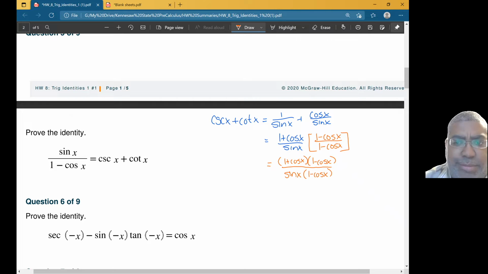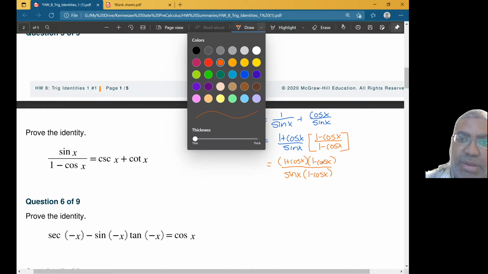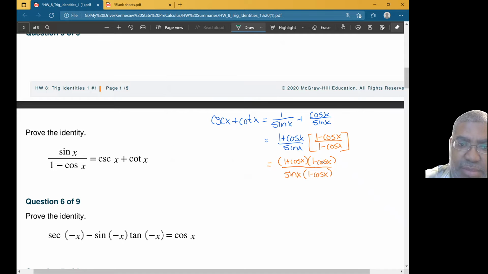So you may be saying, well, what good did that do? Well, these two multiplied together are called a difference of squares property. A plus B times A minus B is equal to A squared minus B squared.